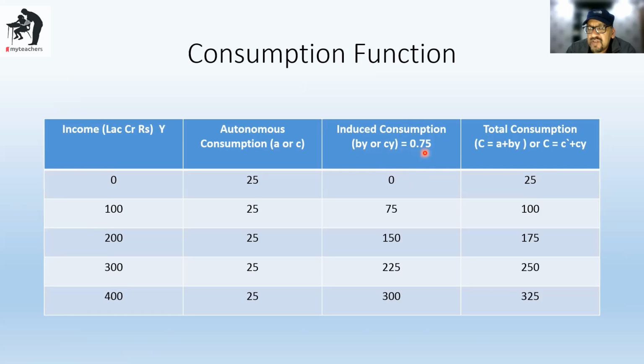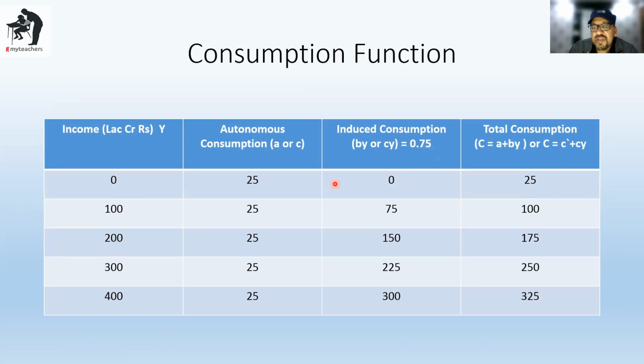Marginal propensity to consume is the ratio of change in consumption with respect to the change in income. 0.75 means that if income increases by 100 crore rupees, then out of these 100 crore rupees, 75 crore rupees will be consumed by the people. So it is assumed to be fixed at 0.75.